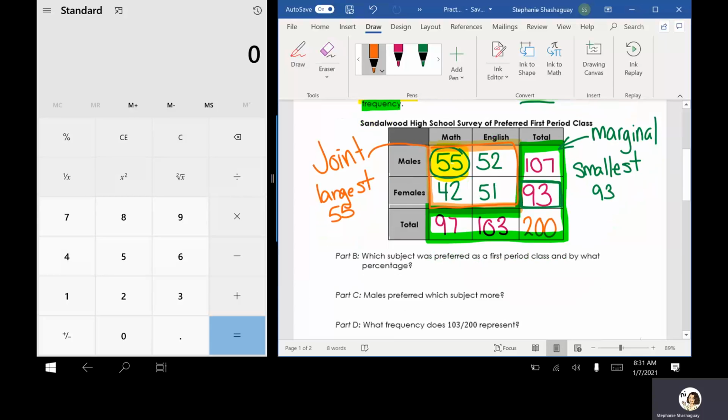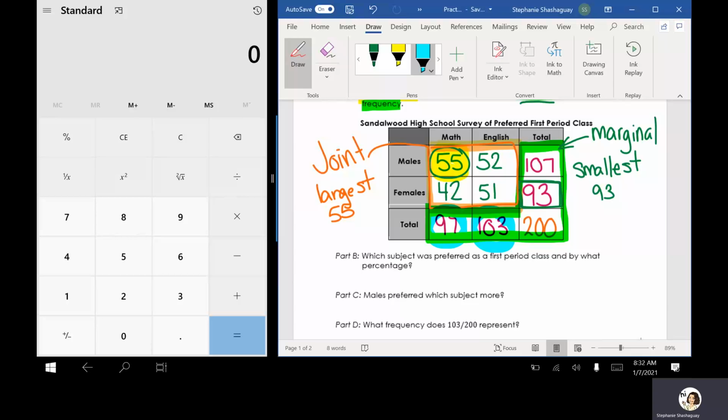All right, part B. Which subject was preferred as a first period class and by what percentage? So for this question, we are looking at just the subject math and just the subject English. So out of those two subjects, here and here are the numbers we're comparing. Which subject was preferred?